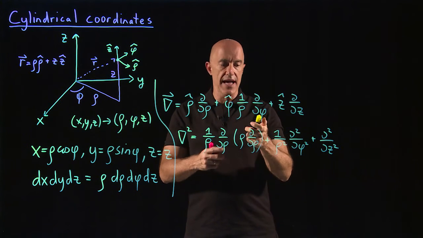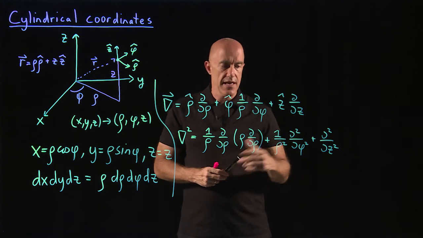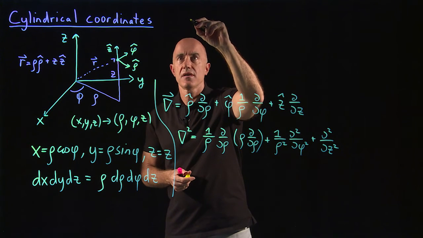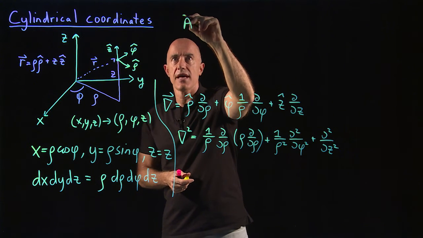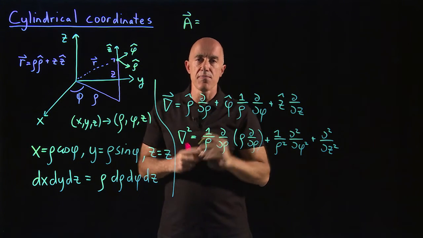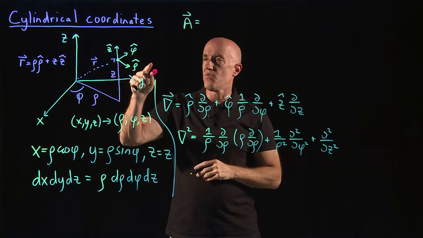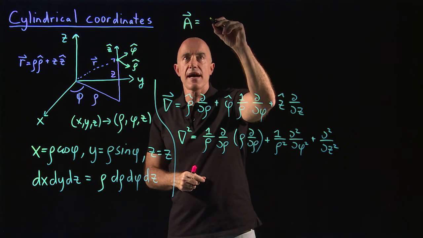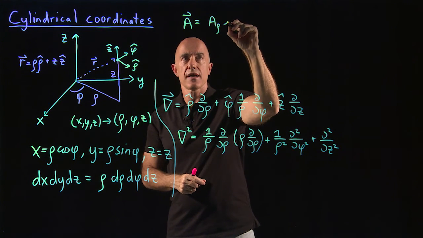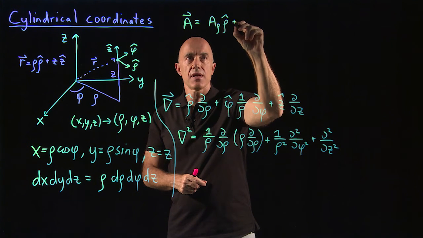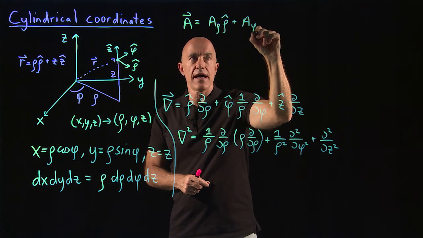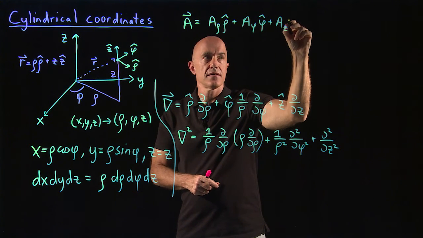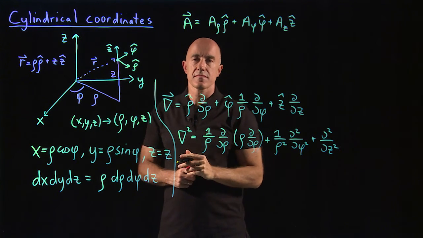Now let's look at what you do if you have a vector. So our vector A, say, has components in the rho direction, the phi direction, and the z direction. So I'll write that as A rho times rho hat plus A phi times phi hat plus A z times z hat.